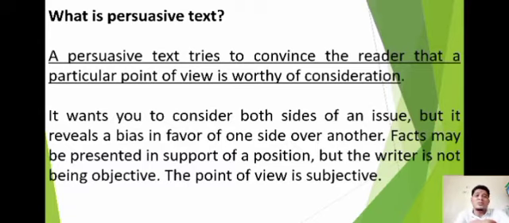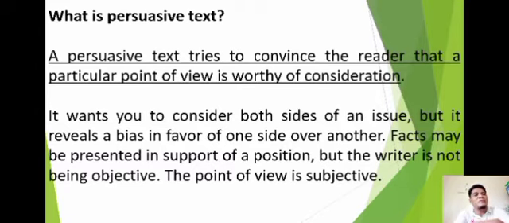So itong persuasive text, ang purpose nito is to convince the reader that a particular point of view is worthy of consideration. And then some other thing that we consider for a persuasive text is that it is all about opinion. Ito ay mga salita-salita na emotional na pwedeng makapersuade ng readers.